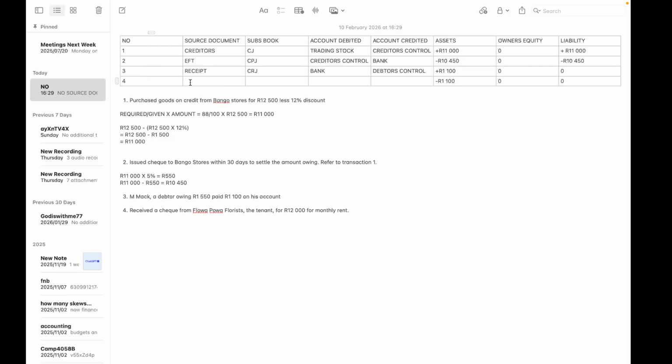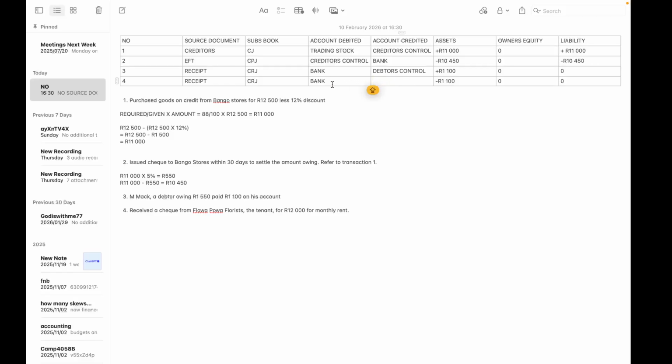Of course, it's going to be a receipt because we are receiving a check, right? So it's going to be receipt, and it's going to be CRJ, cash receipts journal. Debited bank because our asset is increasing and our account is debited, right? And then what we're gonna credit is rent income. Why? Because our income, okay, actually I made a mistake.